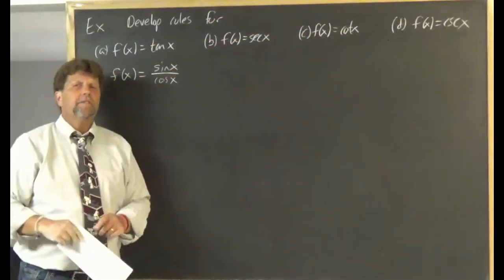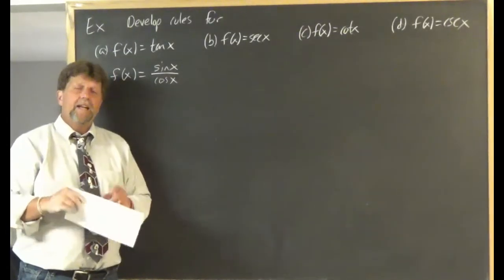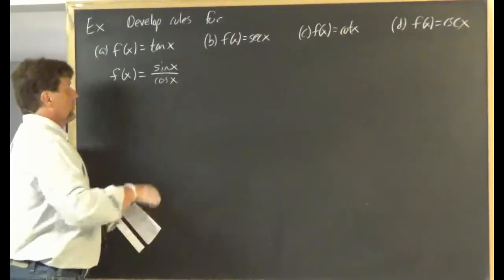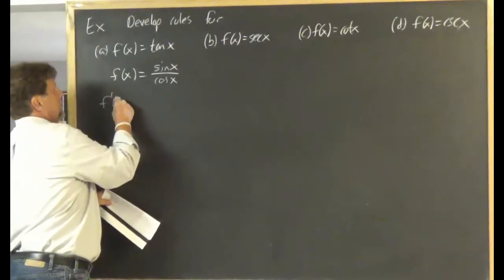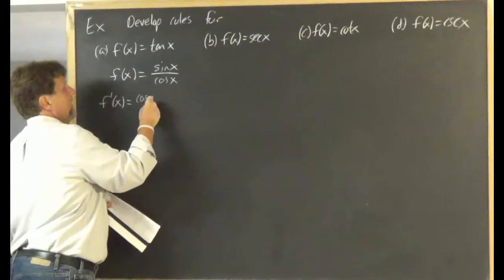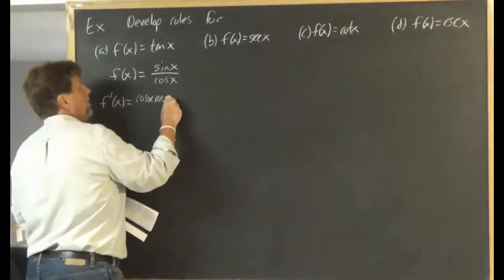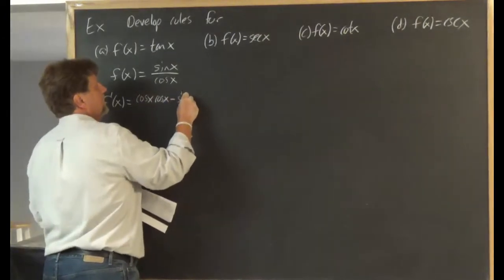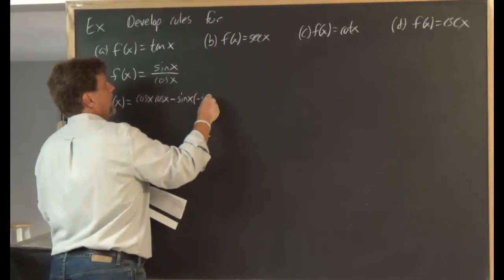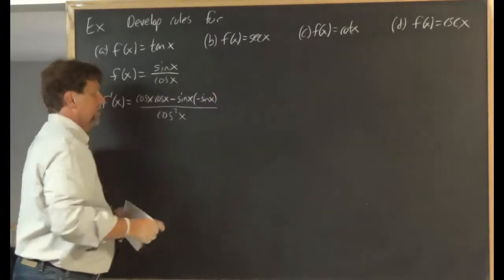I know the derivative of sine, and I know the derivative of cosine, and I know the quotient rule. So I can use the quotient rule. So let's see, the derivative of the numerator is cosine x times the denominator, cosine x, minus the numerator, sine x, times the derivative of the denominator, negative sine x, all over the denominator squared.